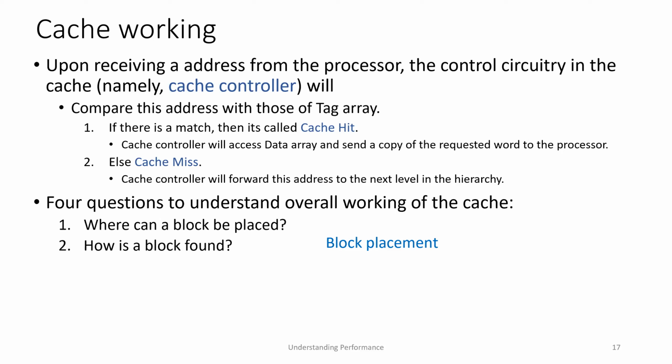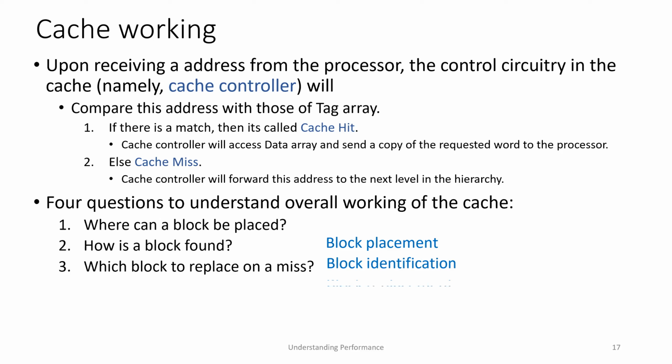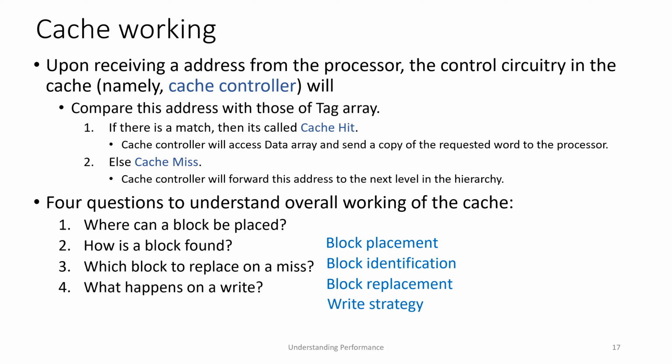I have stored it, but how can I retrieve it? That is called block identification. When the cache gets full, because the cache size is very small, I have to evict some block. Which block to evict is called block replacement. And what happens when we get a write request to the cache? It's called write strategy.